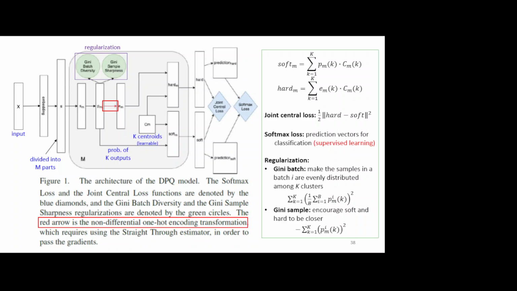Don't care about whether it's differentiable or not. So this trick is called straight-through. Okay, so you can implement it with some code. When you implement your model in Python, there are several lines of code you can write to implement straight-through.